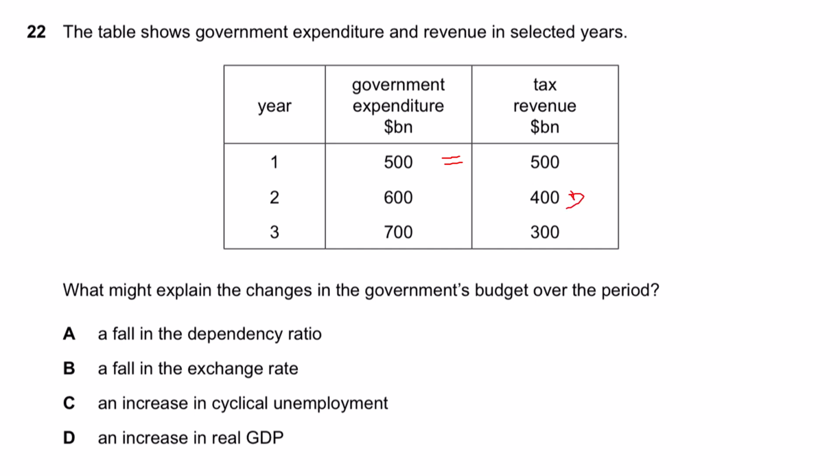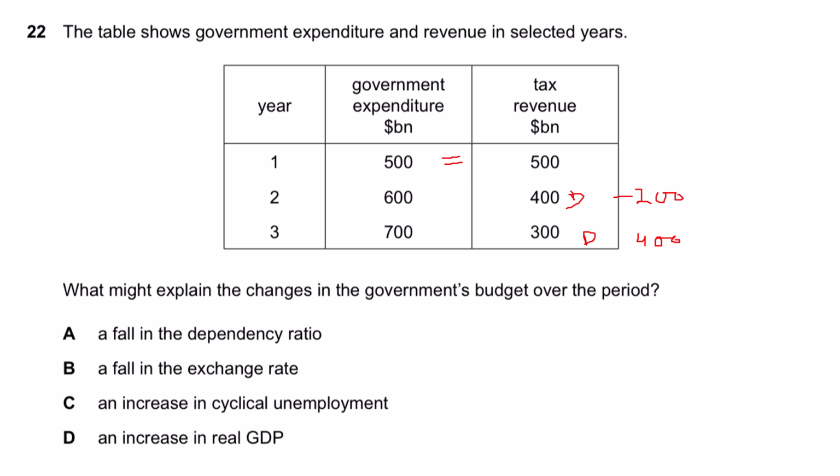And this is also a budget deficit. But initially the budget deficit was 200, and now the budget deficit is 400. Okay, this is what I have got from this table. I haven't looked at the options or the question.